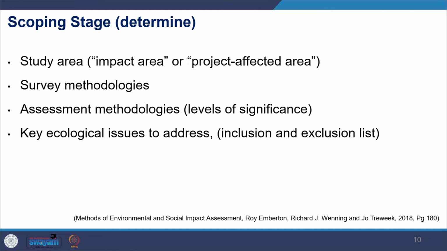And then you will look at the significance as well. You also need to identify the key ecological issues to be addressed, what issues you will include and what issues you will not include in the list. All that has to be taken care of at this particular stage.